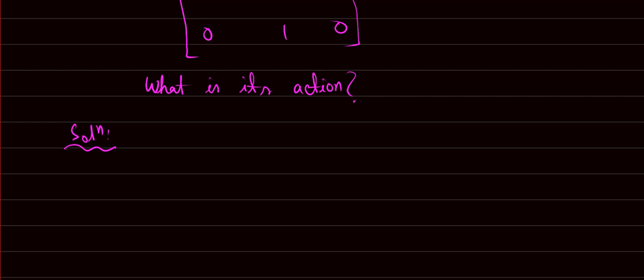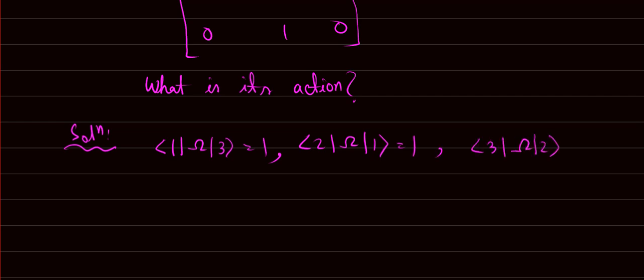So from the formula for matrix element, we can easily find from the upper that this is given 1, this is given 1, and this is 1. So what does it mean from the first one?